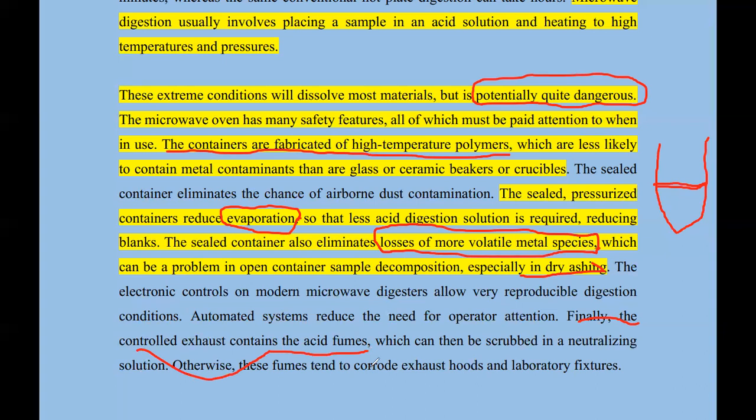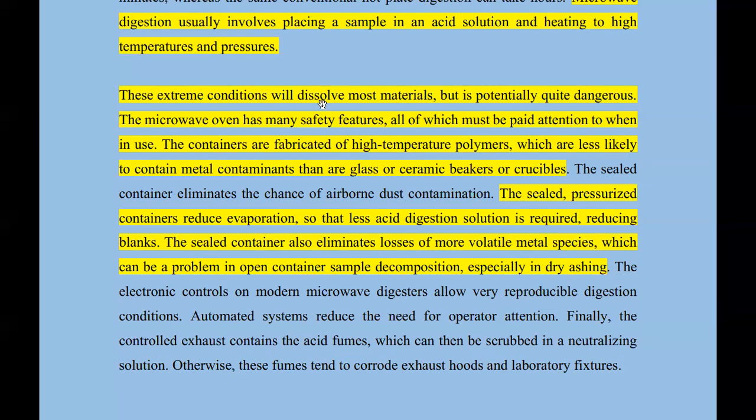So that fume that comes out is acidic in nature. And once that is allowed to accumulate maybe in the upper areas of the laboratory, some things might be corroded. So to prevent that, you make sure that that fume is neutralized before it is let go into the environment.